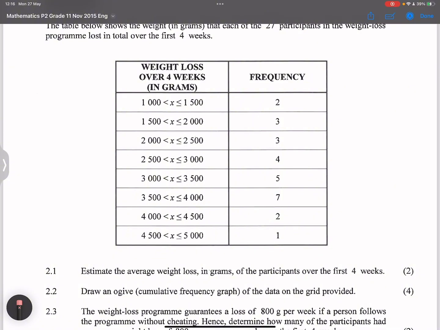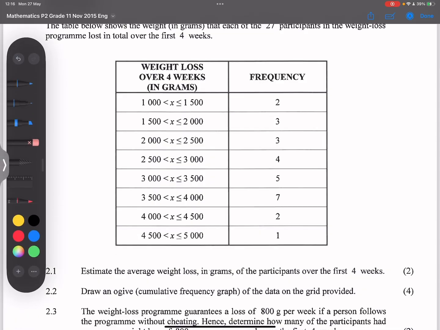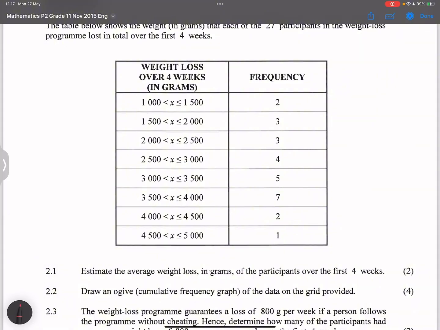Now, ladies and gents, when you have data, this is bivariate data. So we've got two forms of data in this case. So what we're going to do is, firstly, find the middle value there, the midpoint of your range.